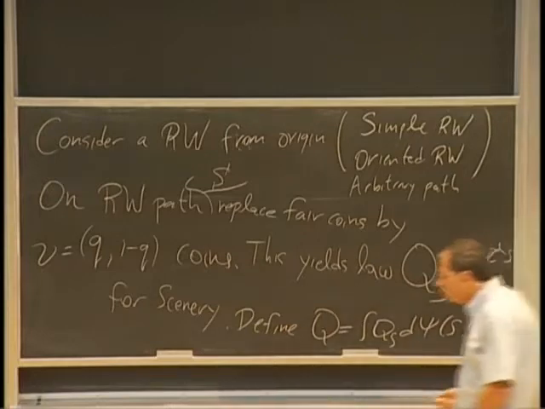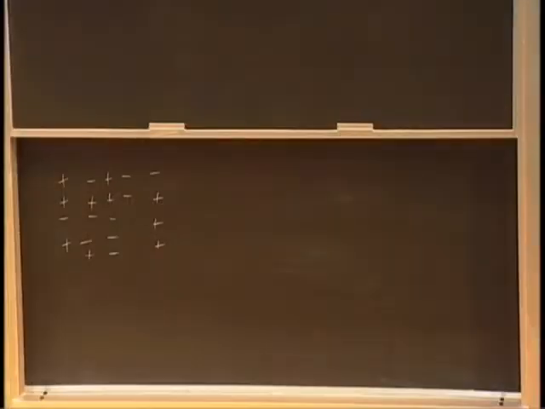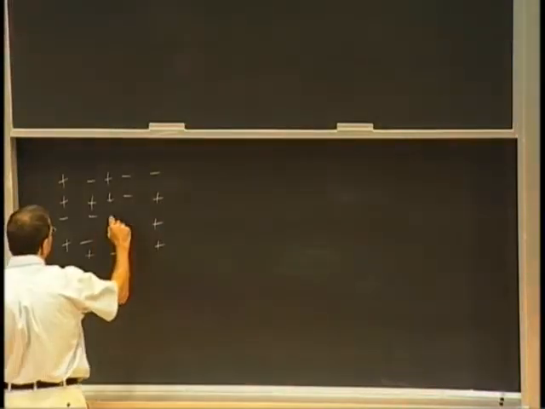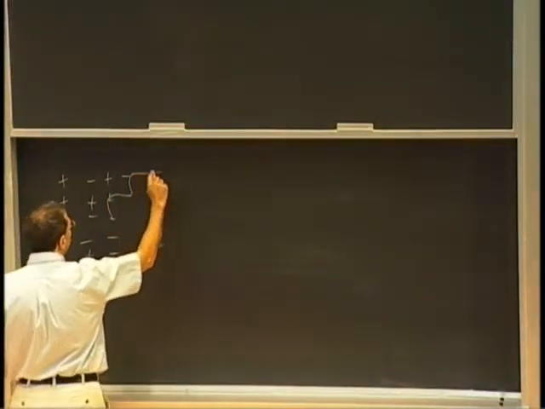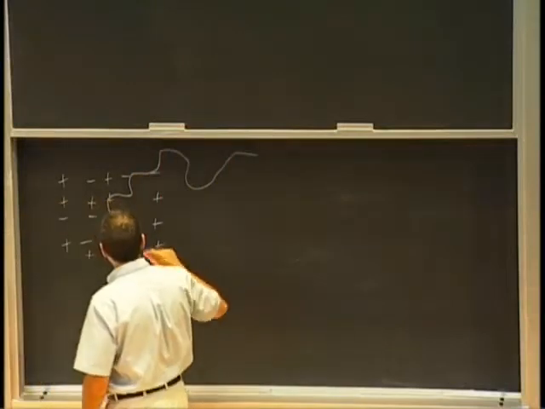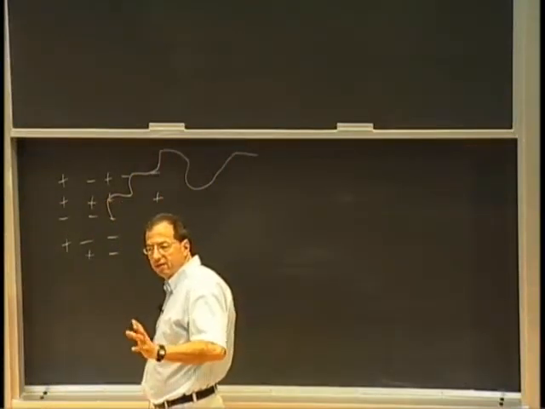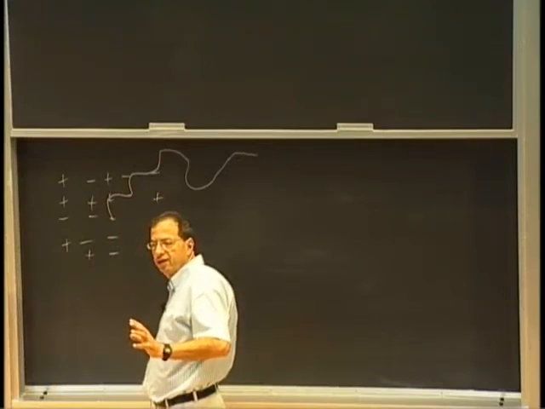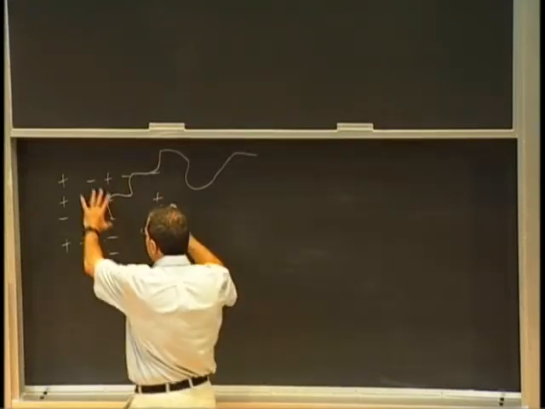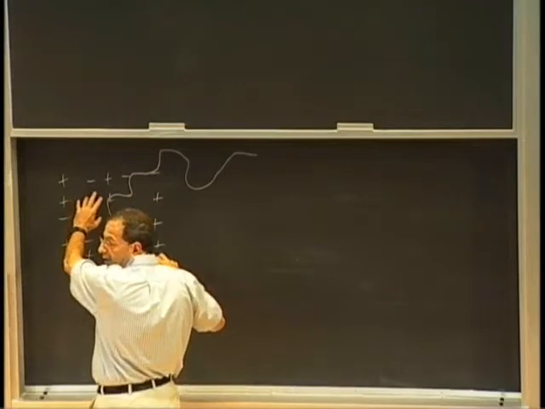But you know that the way they were constructed is, from the origin there was some path, and along this path you had the bias probability Q of plus, and off the path you had just fair coins, equally likely plus or minus.